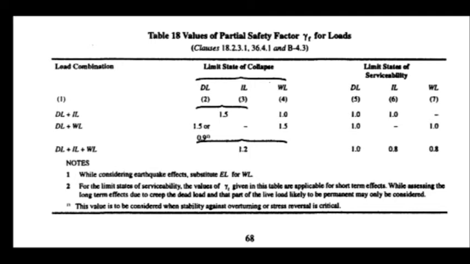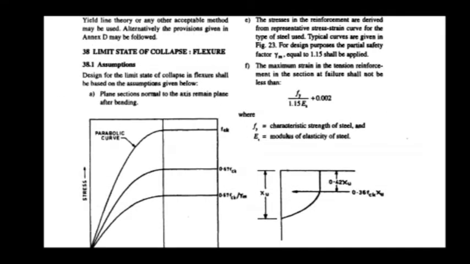In the second column are the partial safety factors for the limit state of collapse, and in the extreme right column the values of factor of safety for the limit state of serviceability. Let's discuss the limit state of collapse for flexure.